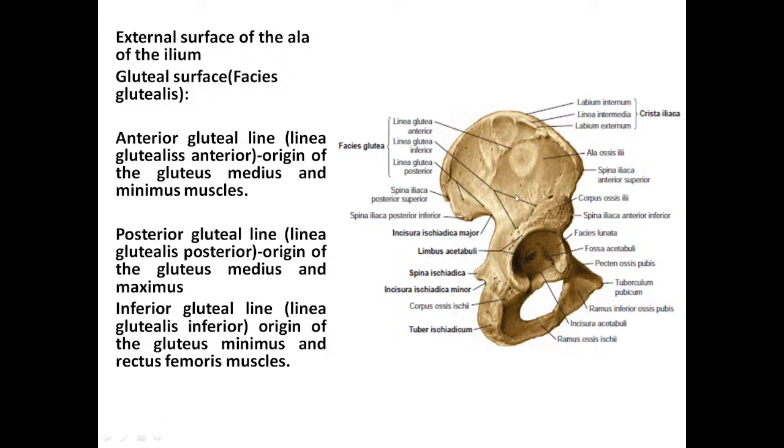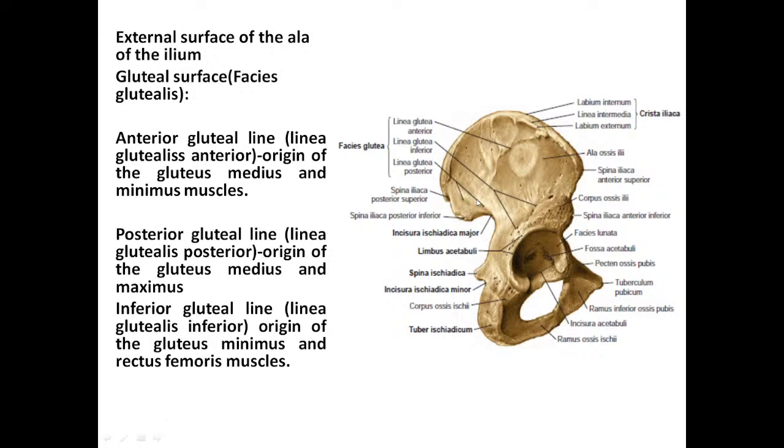Anterior gluteal line, linea glutealis anterior, is the origin of the gluteus medius and minimus muscles. You see linea glutea anterior, linea glutea inferior, and linea glutea posterior.